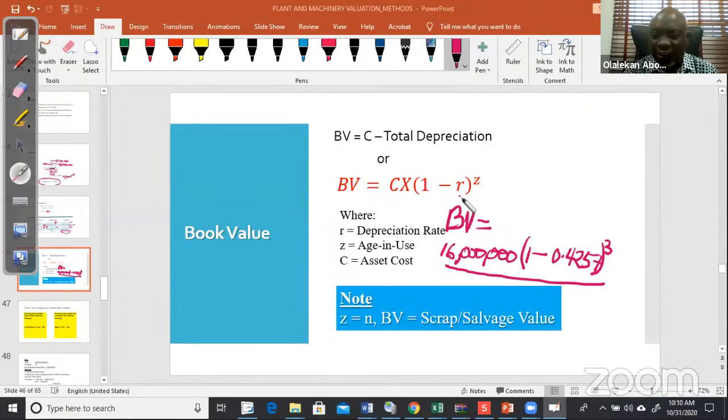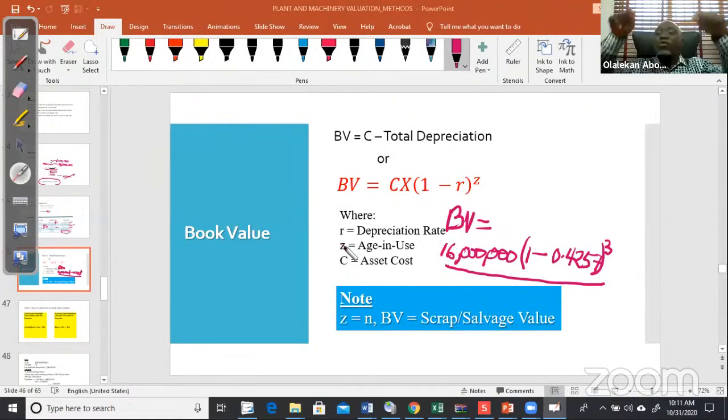But my emphasis, please note that R here is your annual depreciation rate that you have computed. Then your Z is not N, it's not the lifespan, it is how long the asset has been in use, the age of the asset. Don't make the mistake of making Z equal to N. Like in this case, if you put 5 there, you will get scrap value.